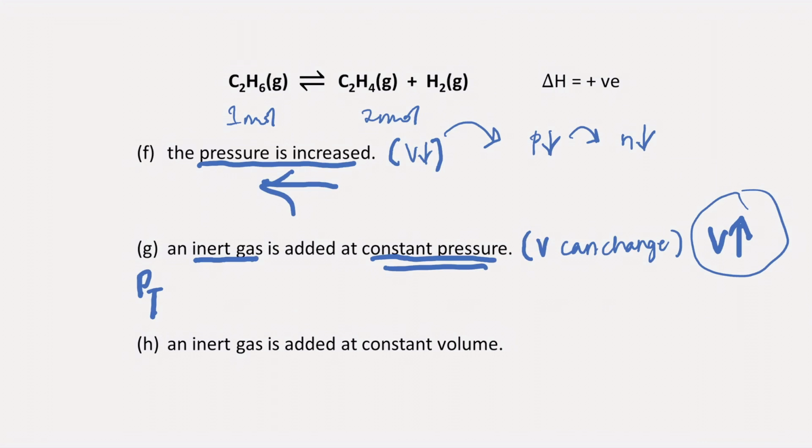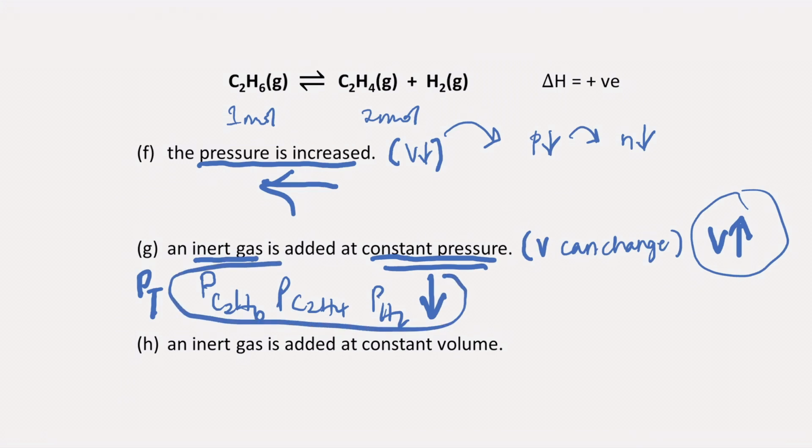So, when your total pressure remains the same, the partial pressure of your C2H6, C2H4, and H2 will decrease. Okay. This is the effect of your disturbance. The partial pressure of your gases decreases.